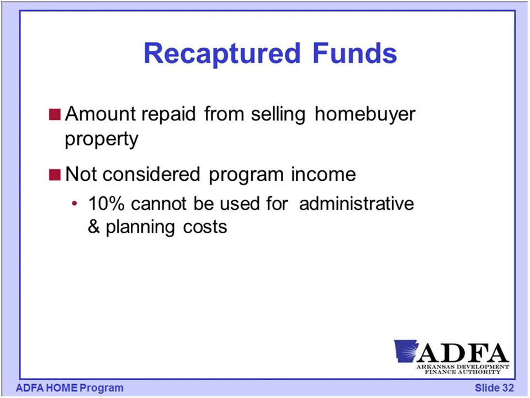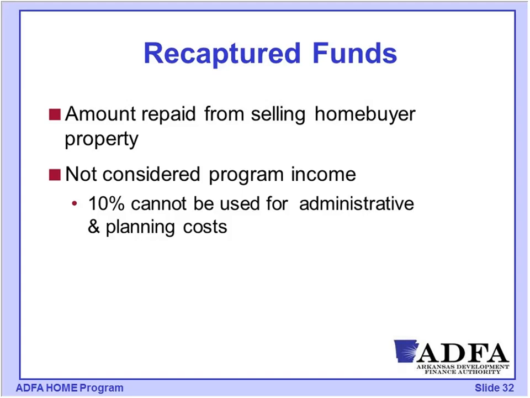Recaptured funds are a little bit of a different category. We'll be talking when we get to the homebuyer section about when we assist households, particularly using our recapture methodology, that if a unit was to be sold or transferred prior to the completion of that affordability period, there's a requirement that money has to be paid back. So essentially the affordability period wasn't completed, so we have to pay money back because we don't really have a completely eligible project.